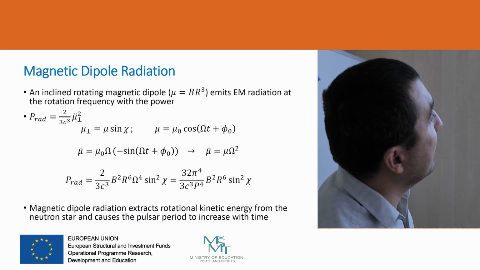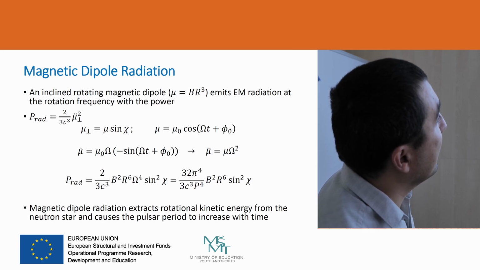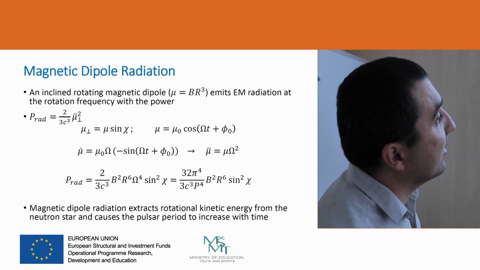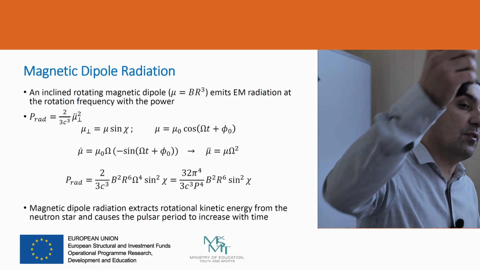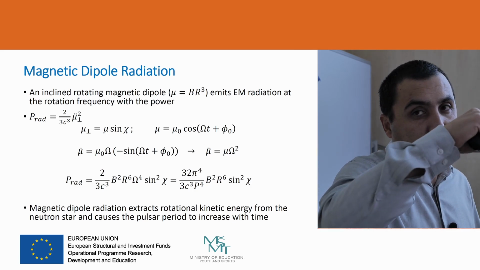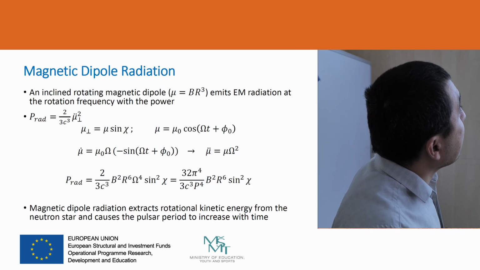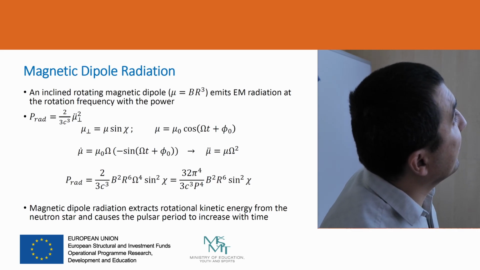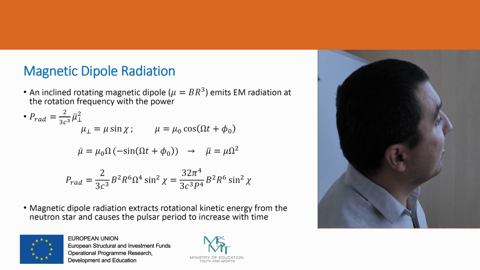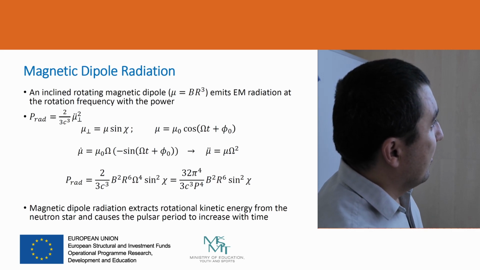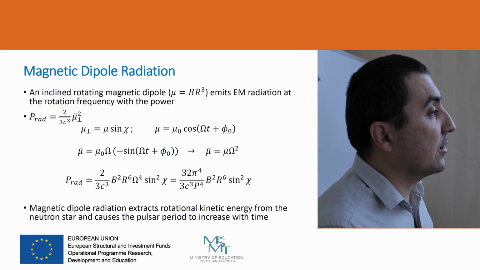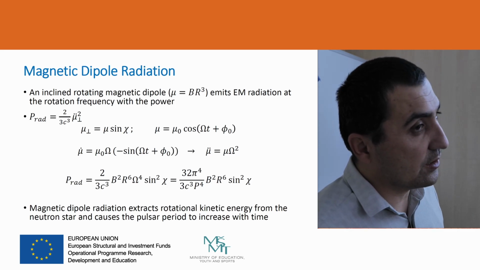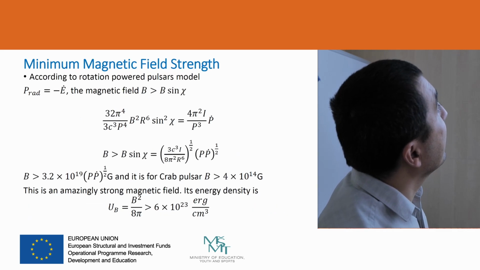We can see that the rotation power is proportional to sine squared of the angle. So if there is no angle, dipole radiation does not occur in the pulsar. This is how the rotational kinetic energy is extracted as electromagnetic radiation.